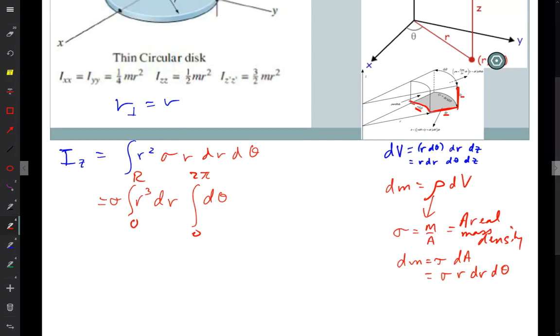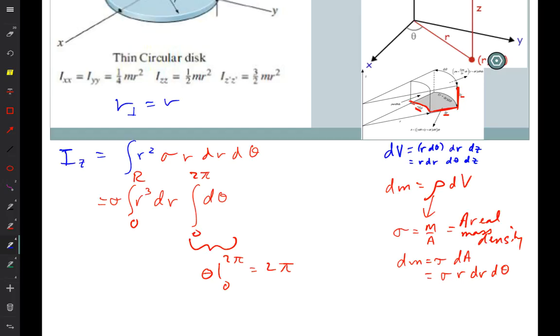What's the integral from 0 to 2 pi of d theta? Just 2 pi, right? You have theta going from 0 to 2 pi, which is equal to 2 pi. Well, what about the integral from 0 to R of r cubed dr? Capital R to the 4th over 4.